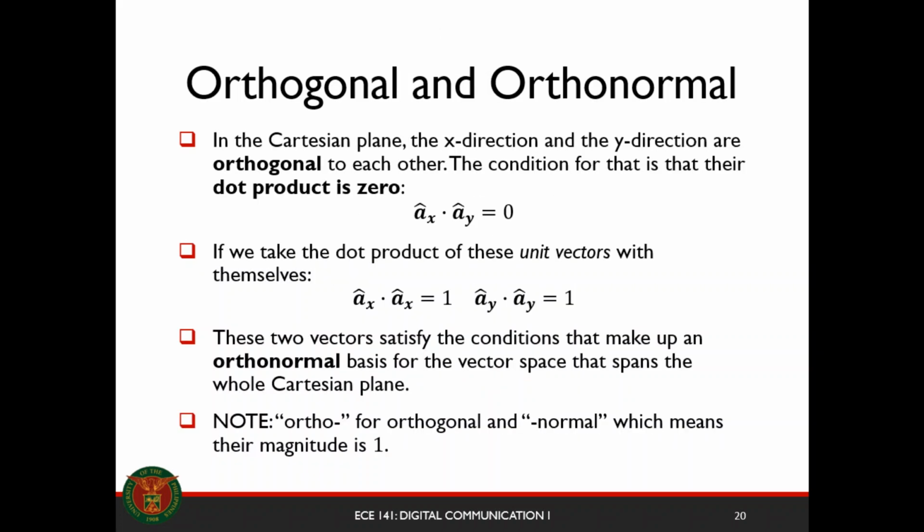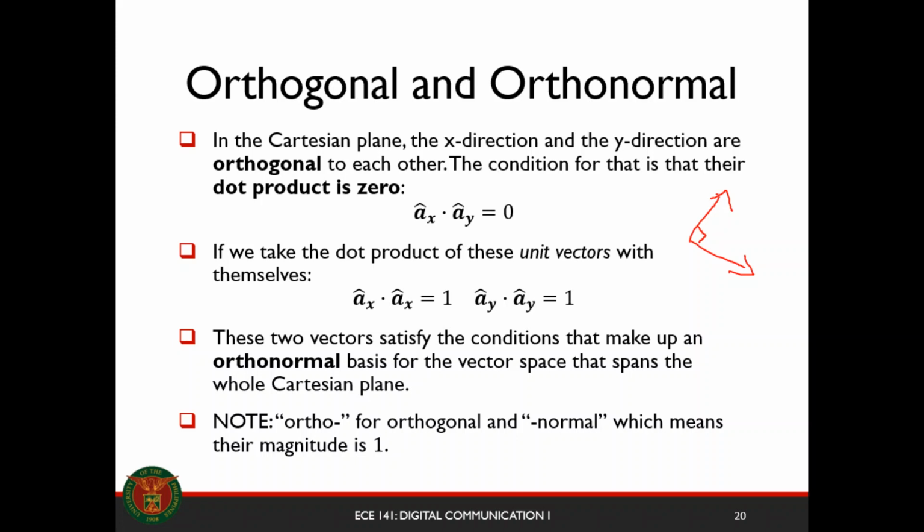Right. So some vectors in our vector space can be orthogonal and orthonormal. Orthogonal means these vectors have a zero inner product. So that means if we get their axes, their axes have a 90-degree difference.